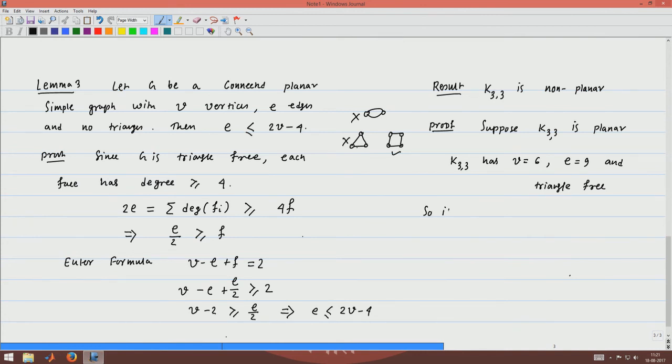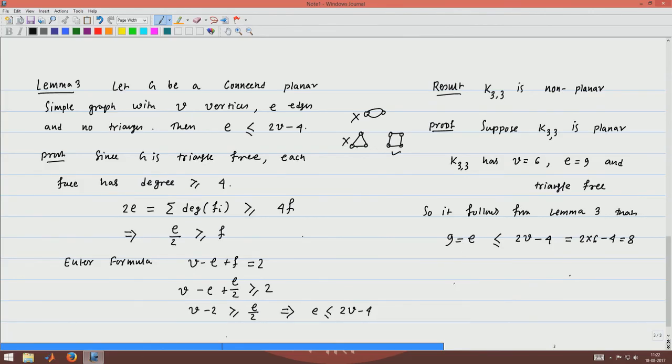So, it follows from lemma 3 that E equal to 9 is less than or equal to twice V minus 4, which is equal to 2 into 6 minus 4, this is equal to 8.